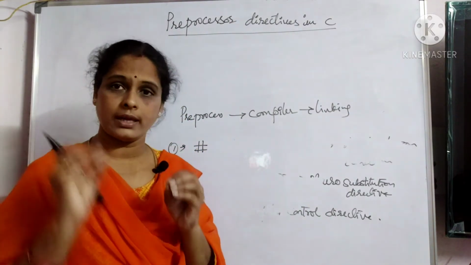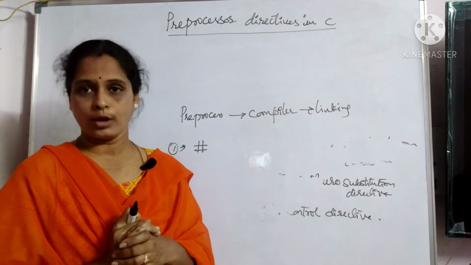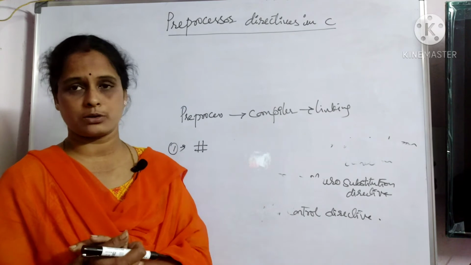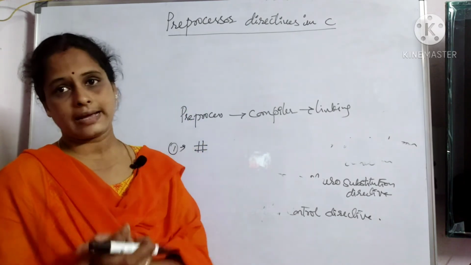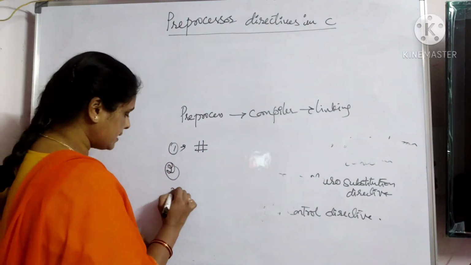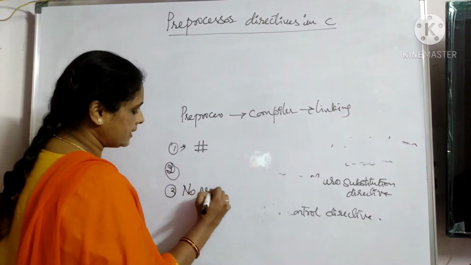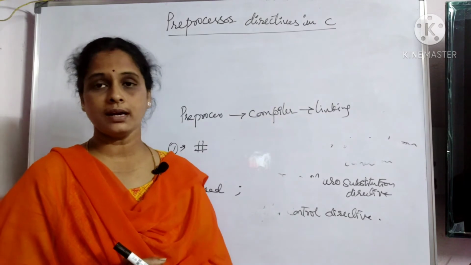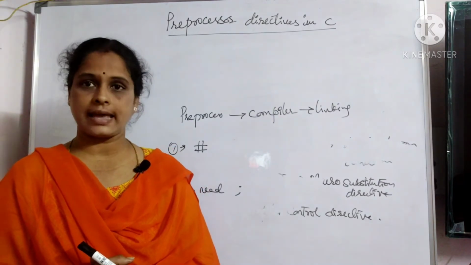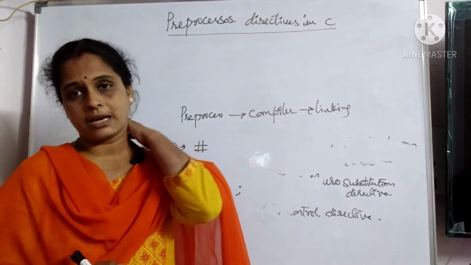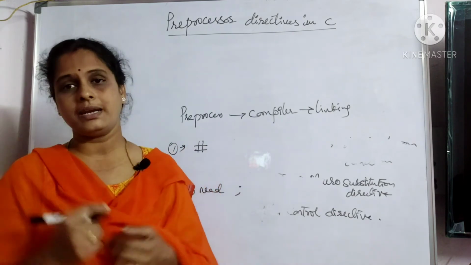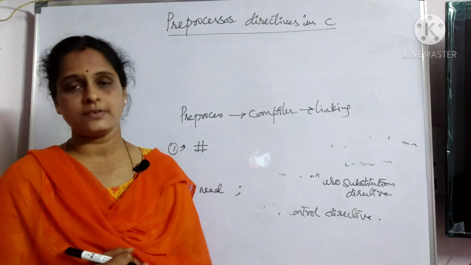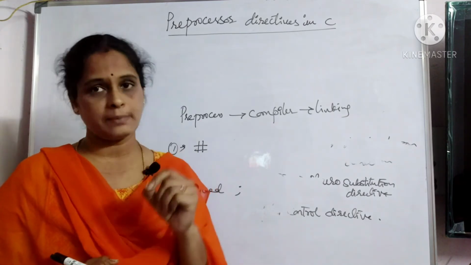So it is not for the programmer but for the preprocessor task only. The third thing is there is no need of using a semicolon. As we know in C language, to terminate any statement we use a semicolon. But in a preprocessor directive, you need not use any semicolon.